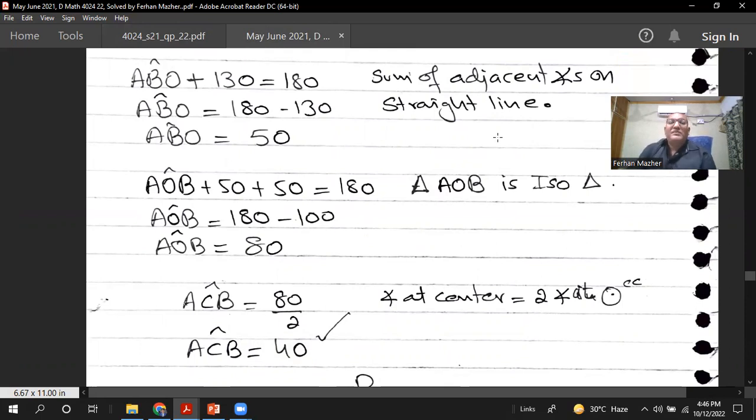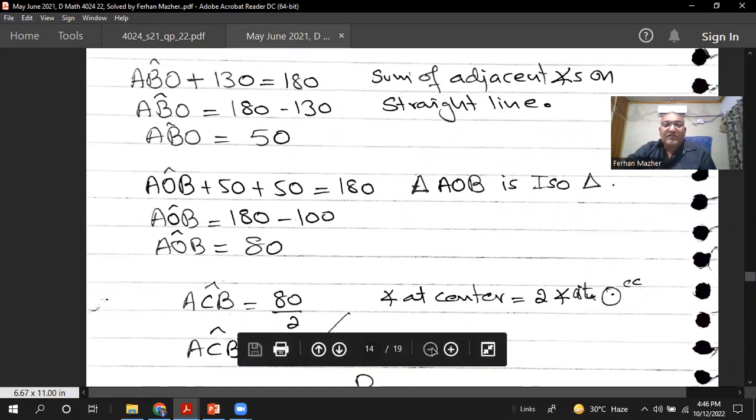AOB plus 50 plus 50 equals 180, because triangle AOB is isosceles; OA and OB are both radii. So angle AOB will be 180 minus 100, and that will be 80. Then angle ACB will be equal to 80 divided by 2. The reason is angle at the center is 2 times angle at the circumference. So ACB will be 40 degrees. So this is how you will do this question.